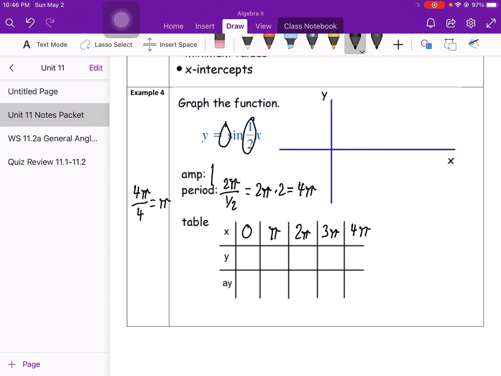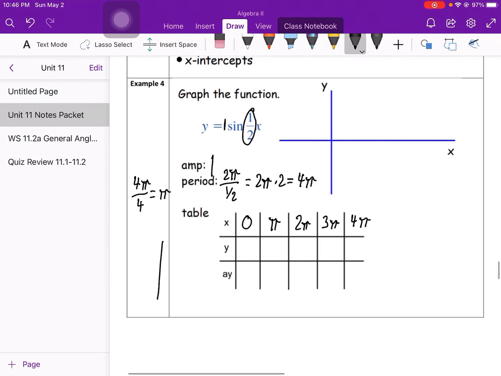Now the y values are actually going to be the exact same as they were before in the graph. Since our amplitude is 1, it's going to be the same values when we think about the unit circle. So it's this point, this point, this point, this point. This is 1, 0, 0, 1, -1, 0, and 0, -1.